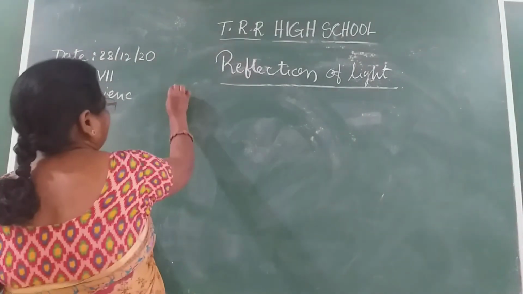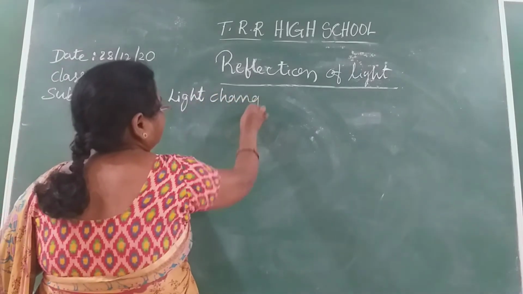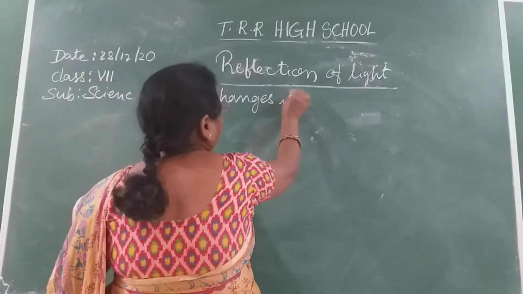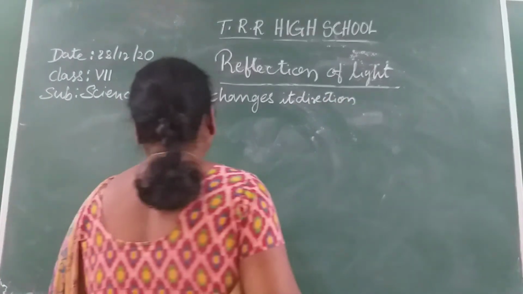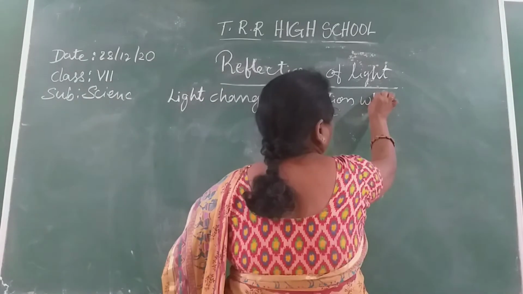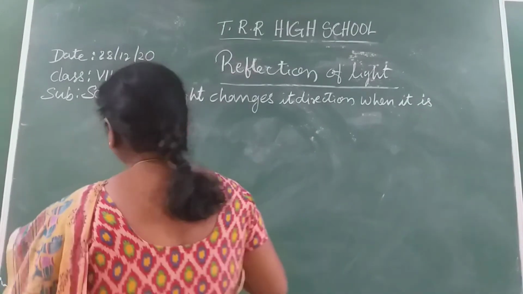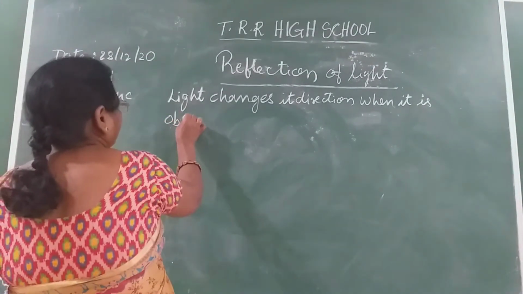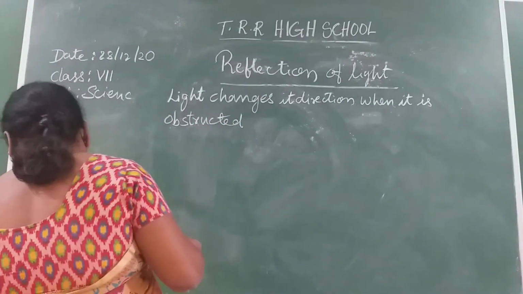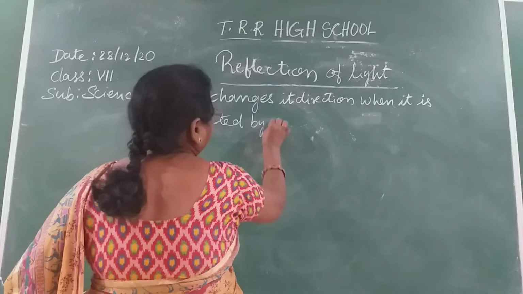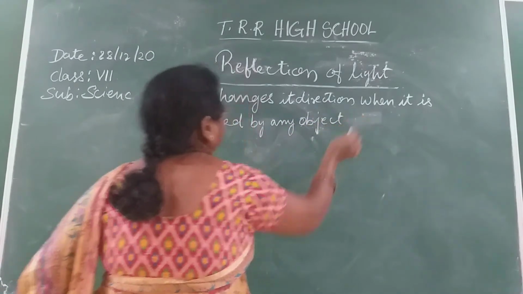Light changes its direction when it is obstructed by any object, that is, an opaque object.